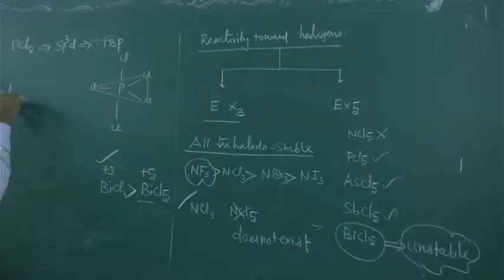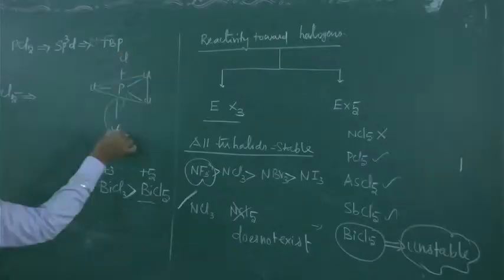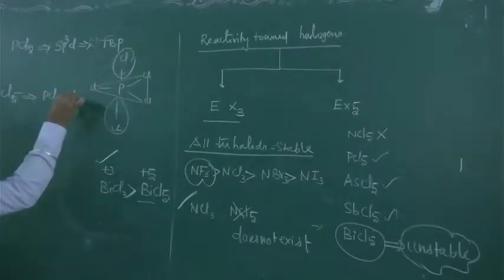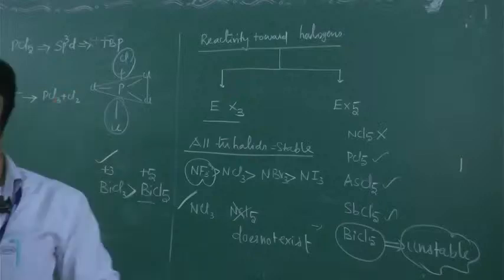When PCl5 is heated, the axial bond length is going to be more when compared to equatorial. So how does it dissociate? It dissociates into PCl3 plus Cl2, because you have two different, unequal bond lengths.